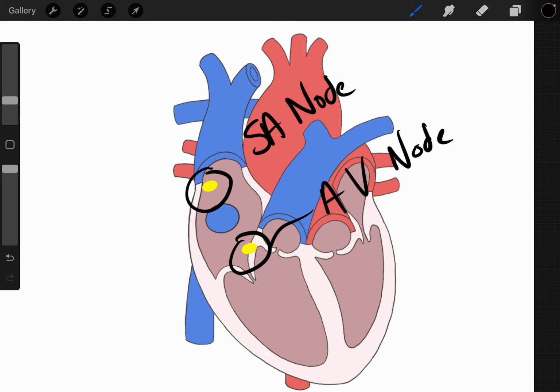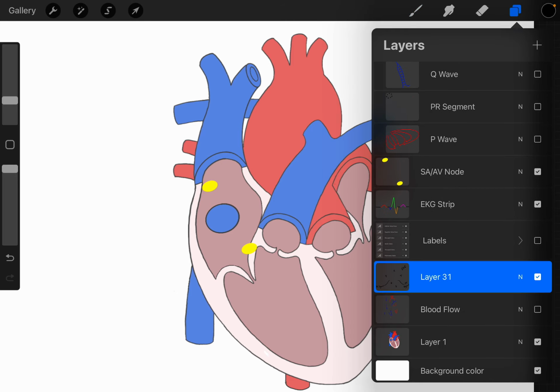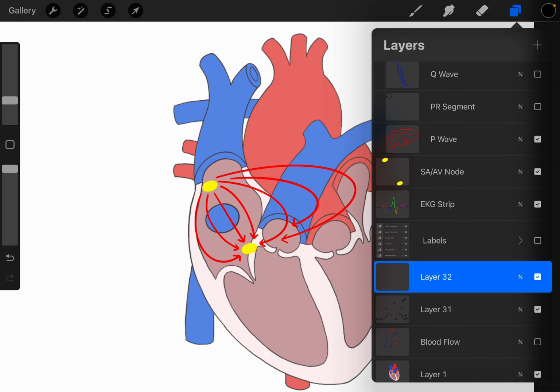This is where the SA node is sending its impulses. The AV node also sends impulses throughout the middle of the heart and then around to the ventricles later in this conversation. So we are going to start with the P wave.